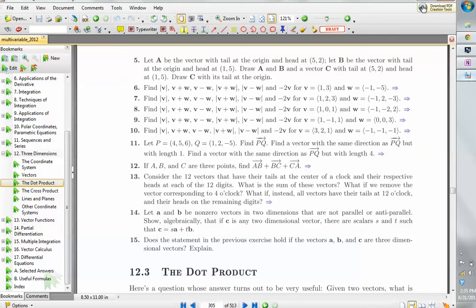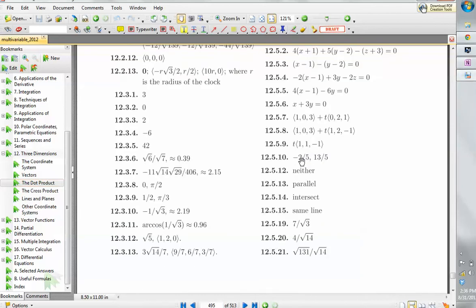What if instead all of the vectors have their tails at noon and their heads on the remaining digits? Before I go on, let me first note here that there's a typo in the back of the book with this answer. What is this, 12.2? I've already lost my place here. 13, thank you. And thanks to Ryan for pointing this out, this guy here, the coordinates are switched.